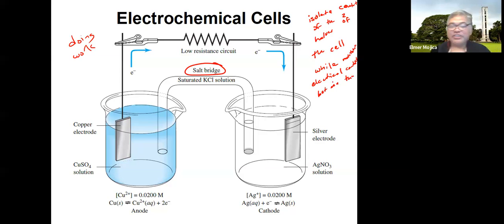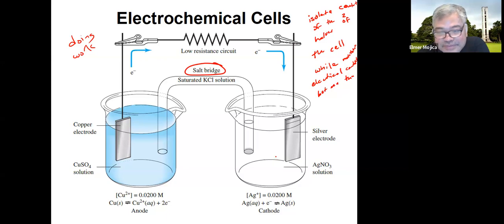So why do you think isolation is needed? Why do you have to separate them? To have a difference in potential? Imagine if they're just in one cell. You don't have the salt bridge. What do you think will happen?